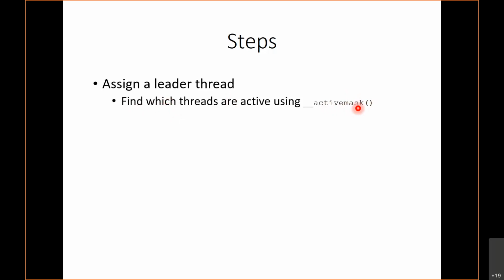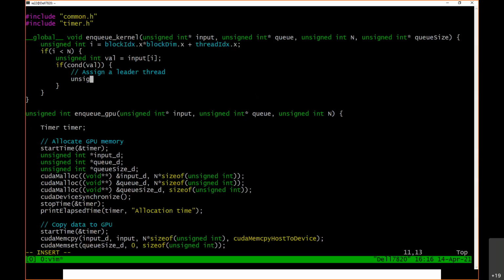The way I'm going to do that is as follows. I'm going to write unsigned int active_threads equal to __activemask(). To avoid confusion, I don't want to name it the same as the function itself.